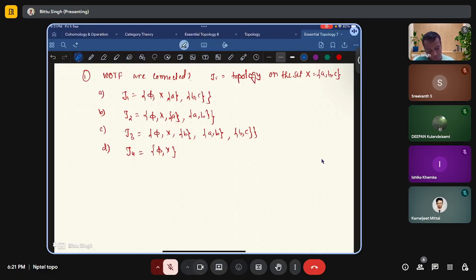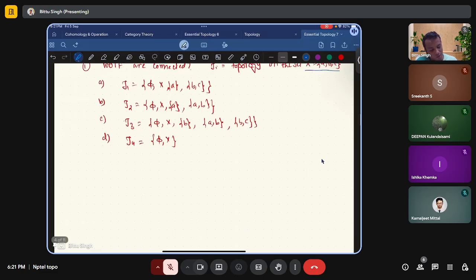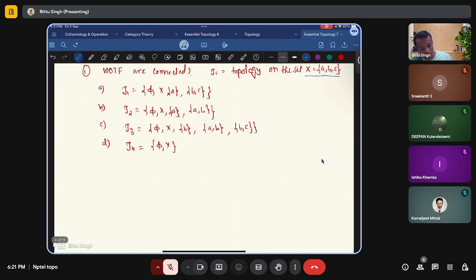So let us solve some problems. The first problem says, which of the following are connected? Tau i are topologies on the set X equal to {a, b, c}. Which of the following are connected means which of the following sets are connected.